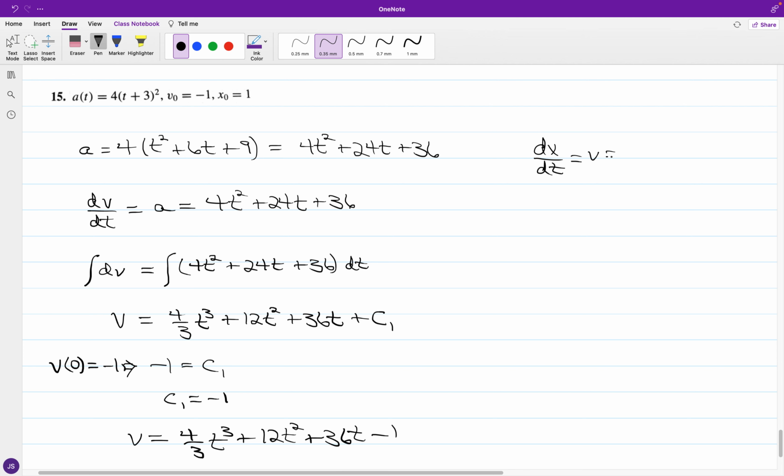And for the position function, again we have dx over dt is equal to v. Again we have 4/3 of t cubed plus 12t squared plus 36t minus 1, and separating the differentials.